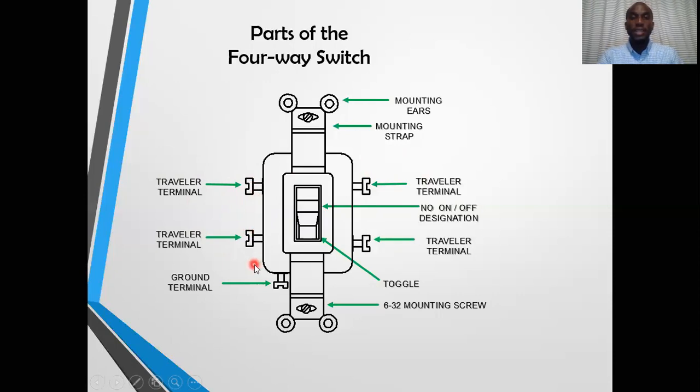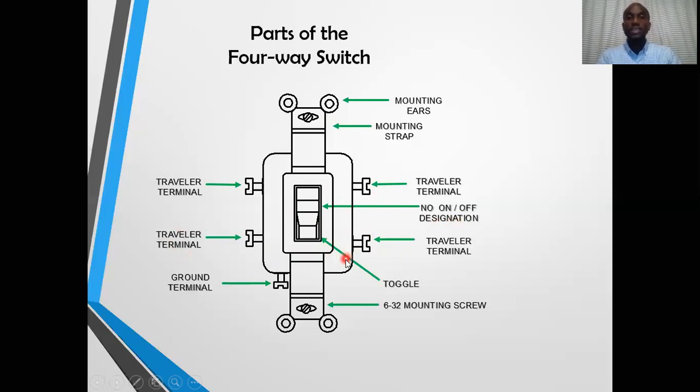We must see this four-way switch as being divided into two parts, with one section known as the input and the next section known as the output. Now, it does not matter which side you use as the input or which side you use as the output.